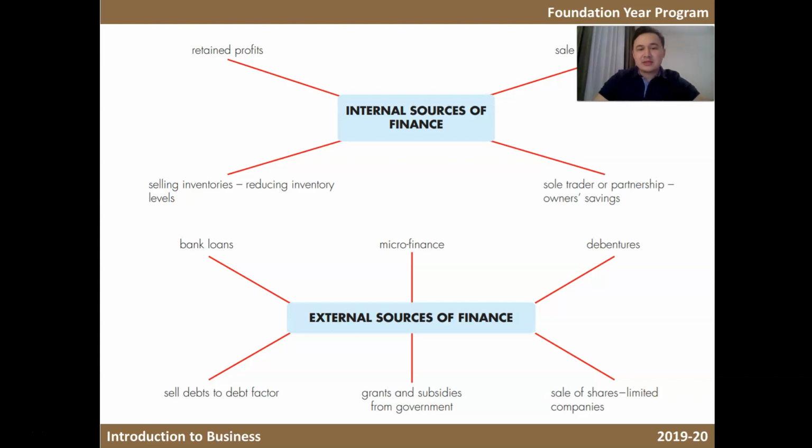Now, microfinance. The difference between bank loan and microfinance, obviously, is that microfinance interest rate is usually much higher than the banks. The reason why microfinance organizations exist and why people and even some firms rely on microfinancing is just because bank loans are not available for them.